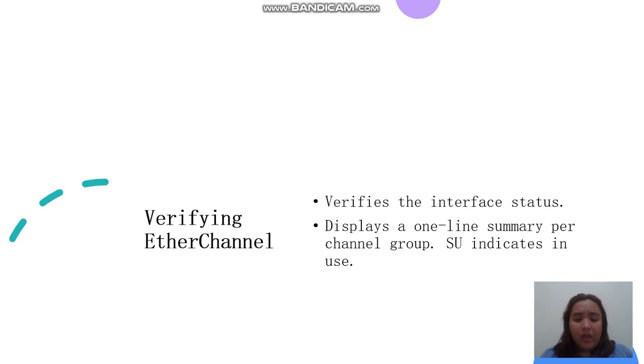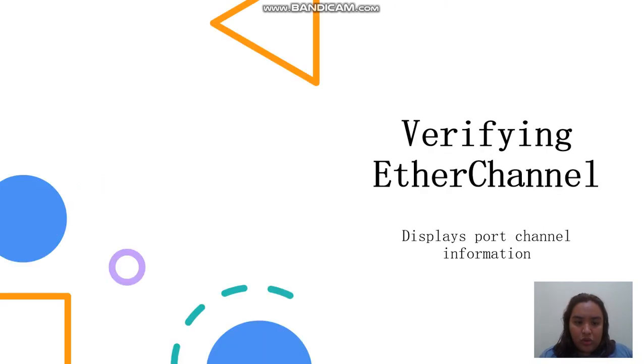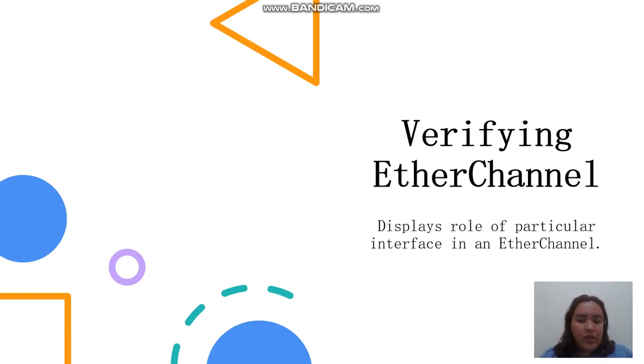To verify EtherChannel, this command verifies the interface status and displays a one-line summary per channel group; SU indicates in use. Verifying EtherChannel, display port-channel information, and display the role of a particular interface in the EtherChannel.